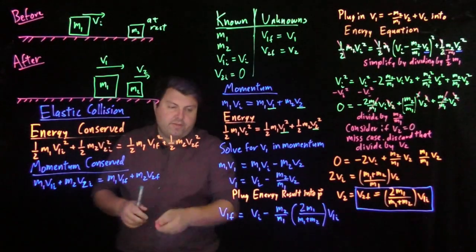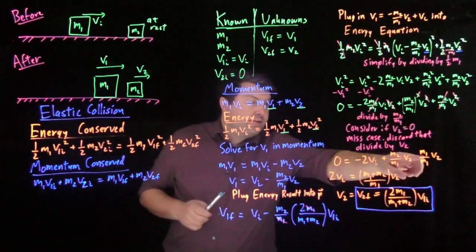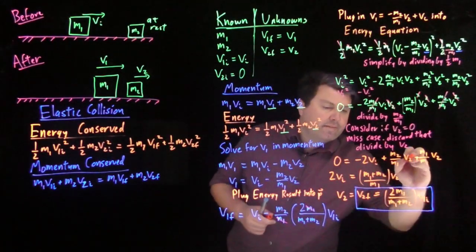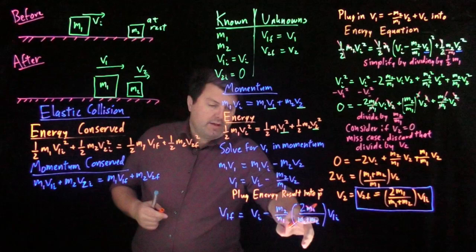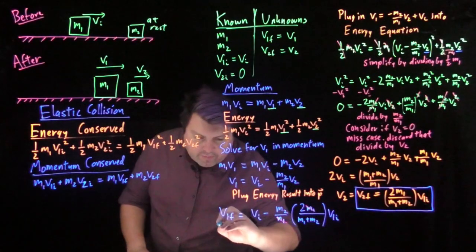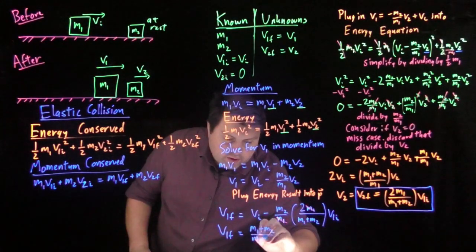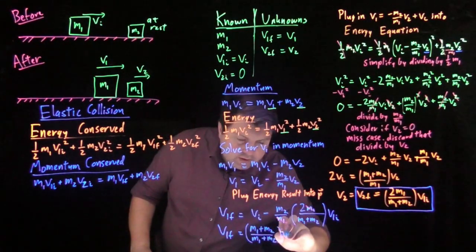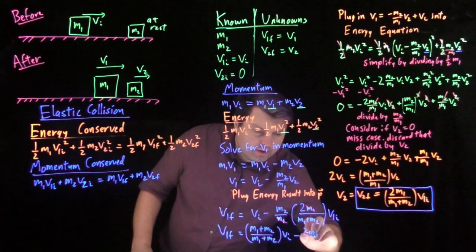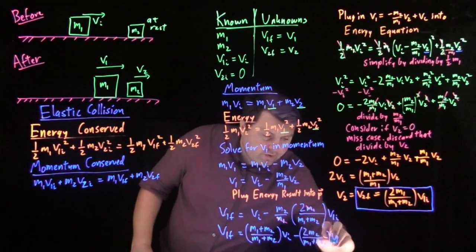So we can cancel out the M1s here, and then just as I did, M1 over M1 is equal to 1. I can do M1 plus M2 over M1 plus M2 is equal to 1. So showing that, we have V1F equals M1 plus M2 over M1 plus M2 V1I, I've just rewritten 1 as this, minus 2 M2 over M1 plus M2 V1I.